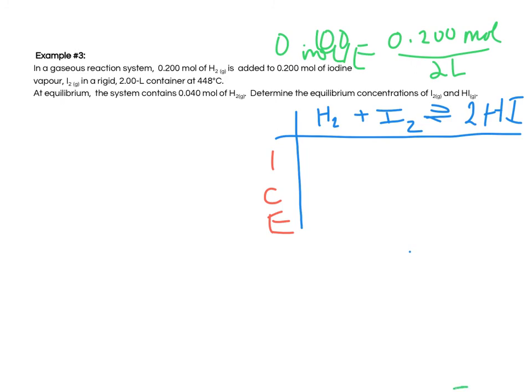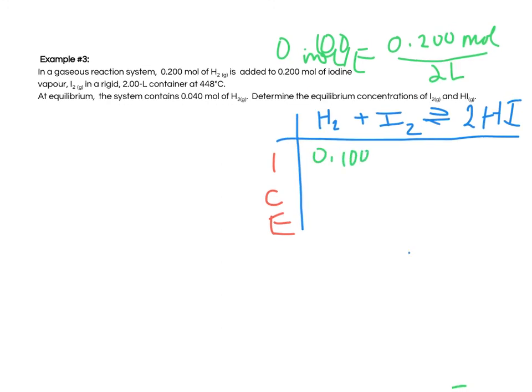I'm going to start off with 0.100 and 0.100. And I'm going to assume that initially, unless you're told otherwise, you have 0 moles per liter of any products.